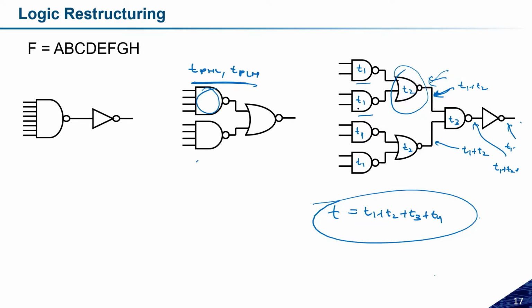But if I increase the number of stages, that may lead to more overall delay, or propagation delay, between the inputs and the outputs. So you have to optimize in such a way that the internal delay should dominate the external delay, or the component delay. This is very important. If the gate delay starts dominating the internal delay, then this is not an effective design.